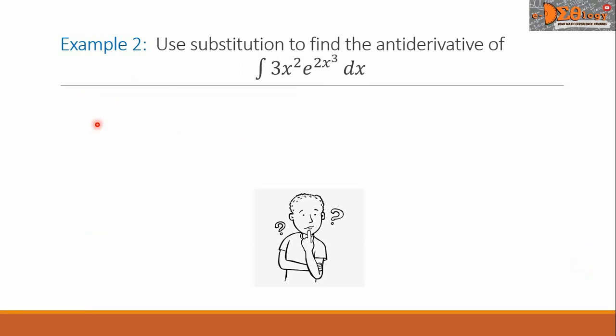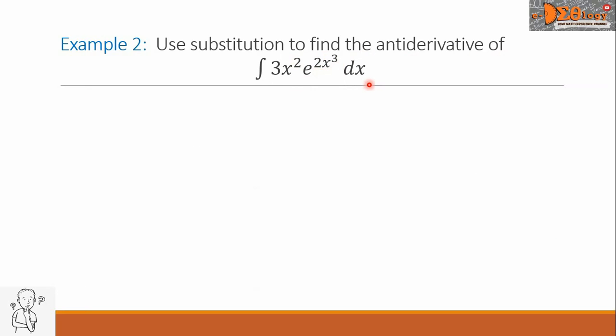Example 2. Use substitution to find the antiderivative of the integral of 3x squared times e raised to 2x cubed dx. For our solution, let us select u. In this problem, we're going to choose u with that of the exponent of the e, the 2x cubed, and we write it here.